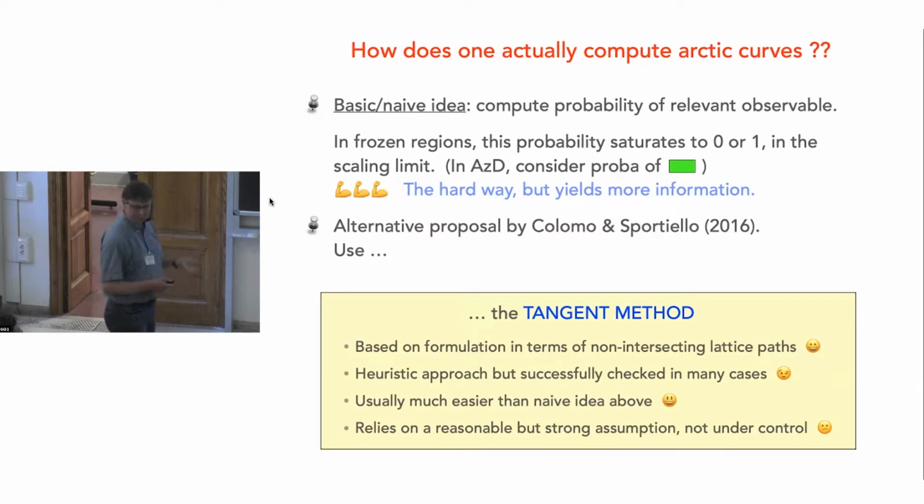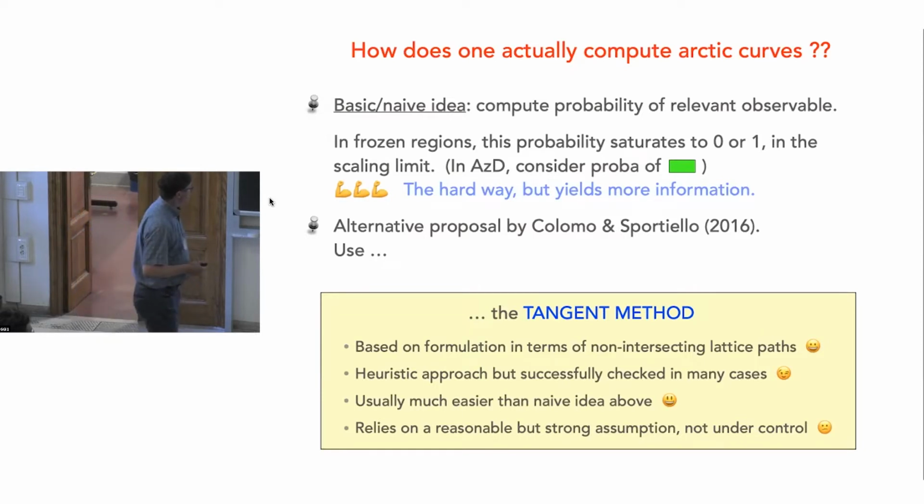A somewhat softer way to compute the Arctic curve is the proposal made by Filippo and Andrea in 2016, which is since called the tangent method. In a few words, it is based on a description of the tilings in terms of non-intersecting lattice paths, and in many cases that is available.